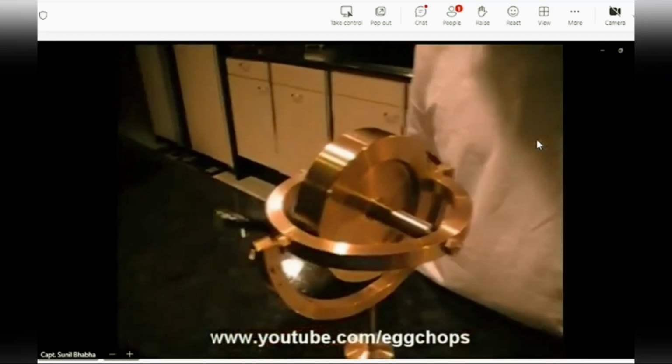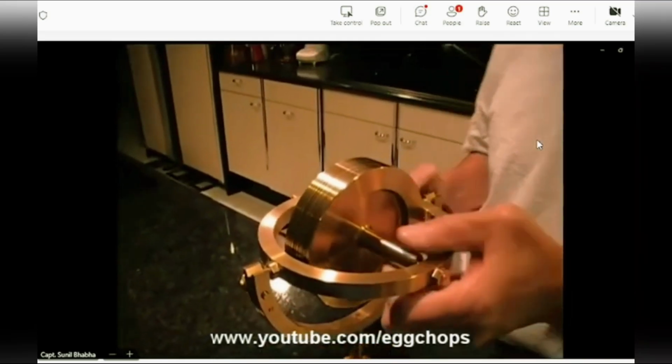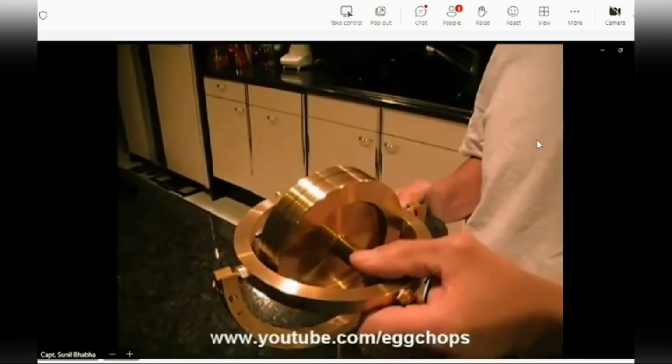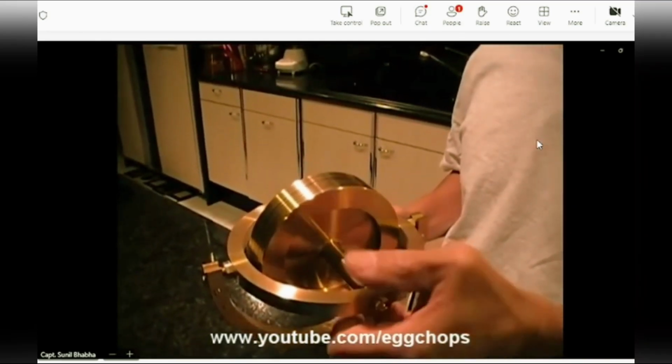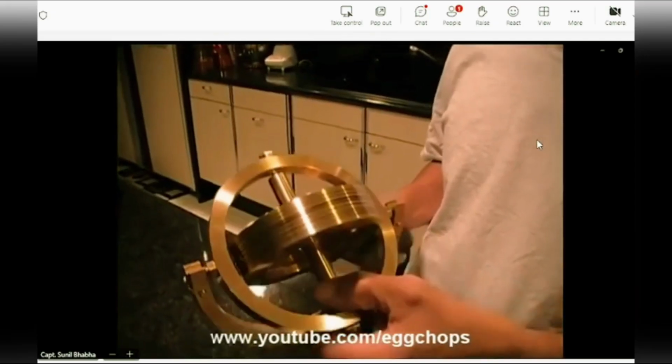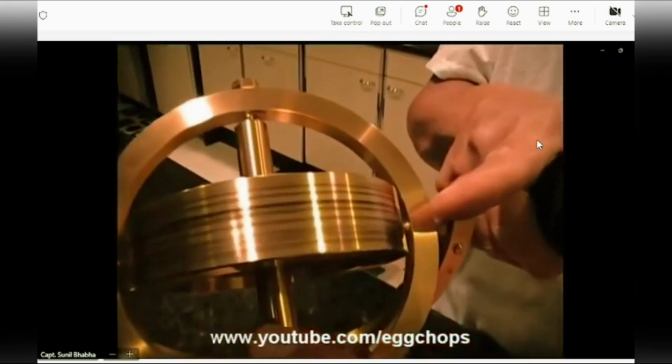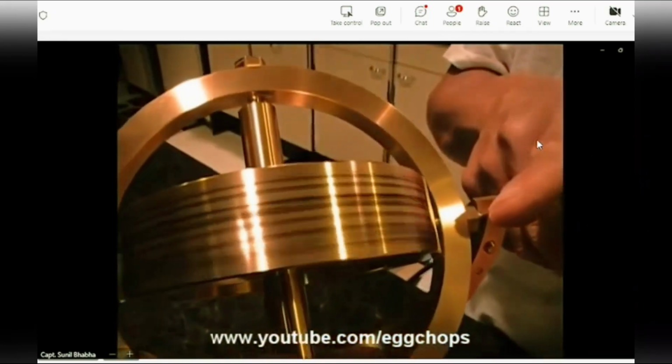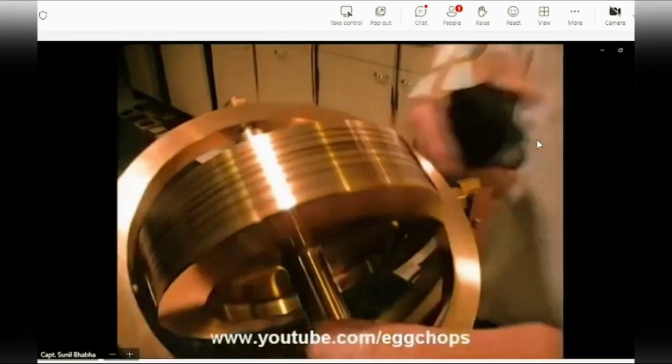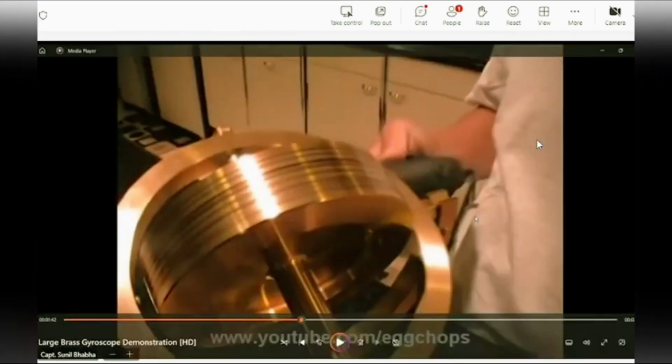So here we go. I'm going to start this gyroscope spinning. Again, clockwise from your motion going like this. I also put some spiral marking on the flywheel so you can see that the gyroscope will be moving. So this shows the spinning motion. You see these spiral lines and you can see that it is spinning. All right, here we go.